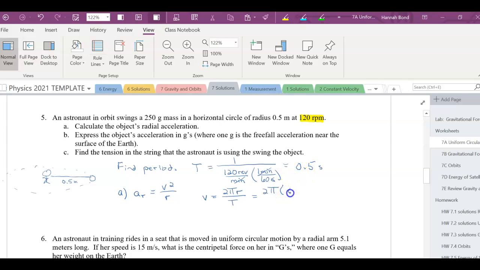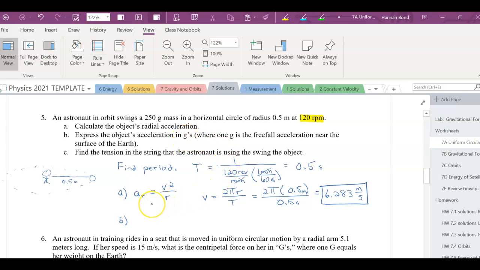The radius is 0.5 meters, and the period is 0.5 seconds, so it's basically 2 pi, or 6.283 meters per second.